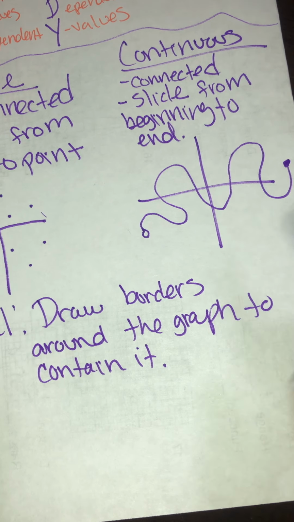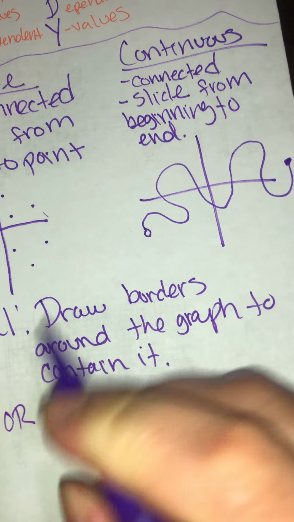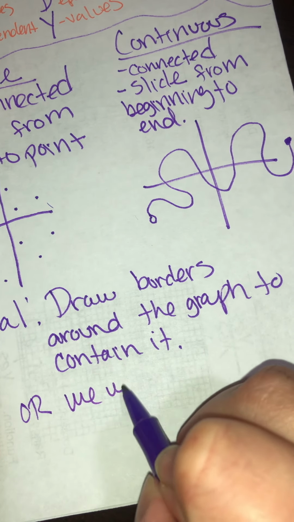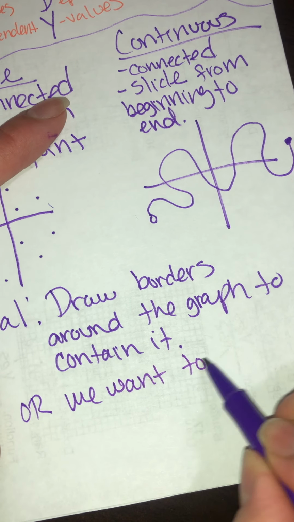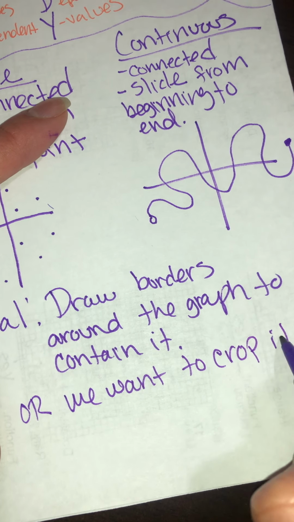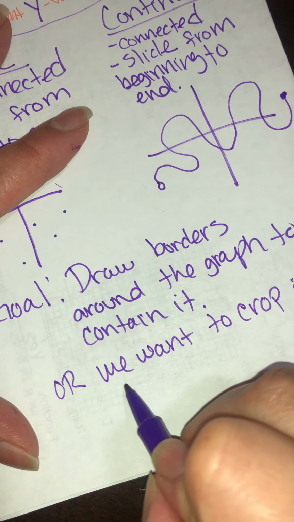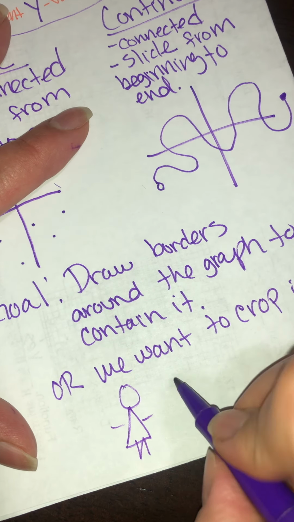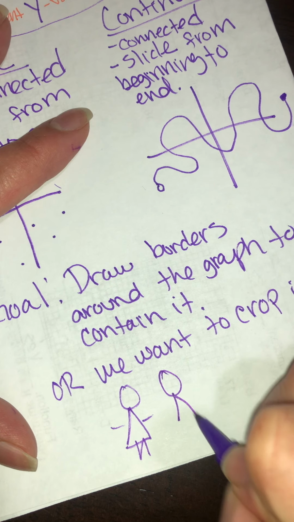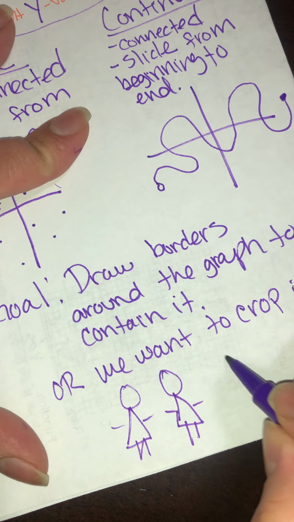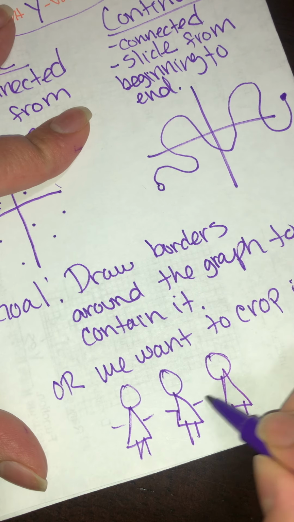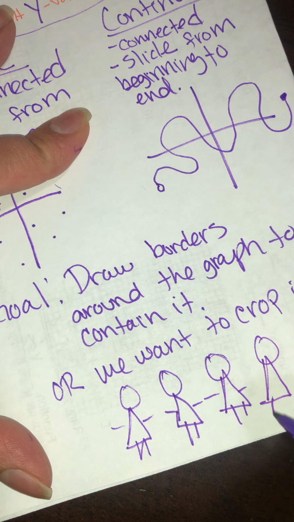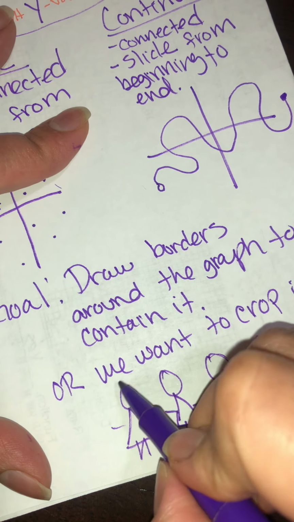Okay? What's another way we can think of that? We want to crop it. So for example, this is your lovely Algebra 1 team.